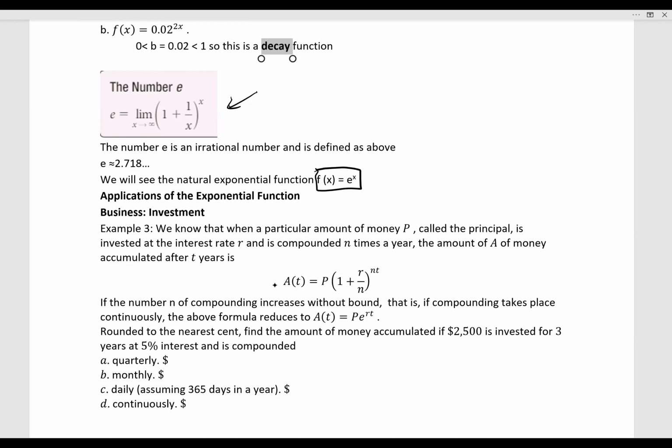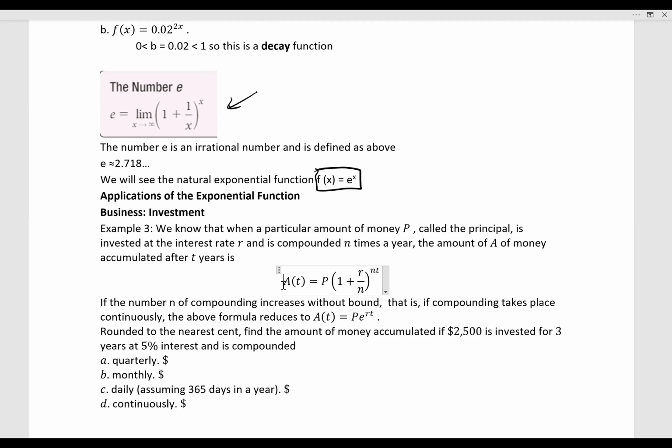In this formula, I'm going to copy this one. A(t) equals P times (1 plus r over n) to the power nt.